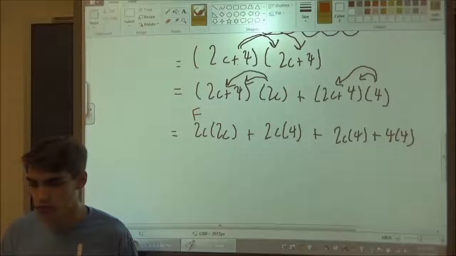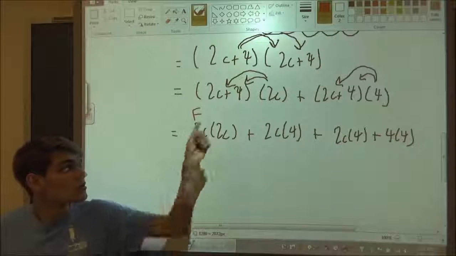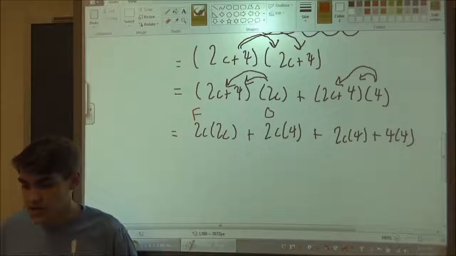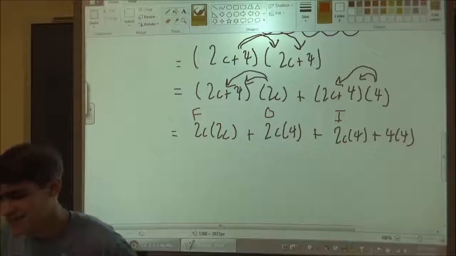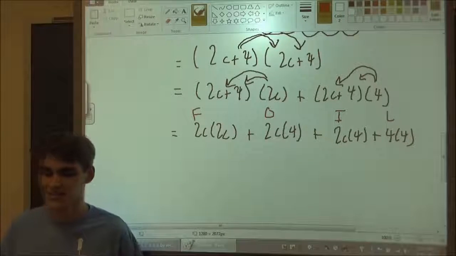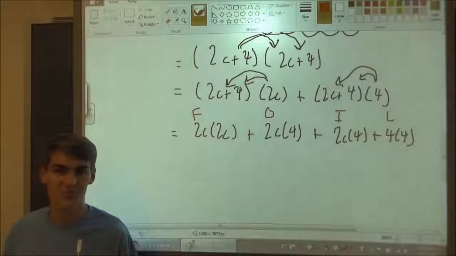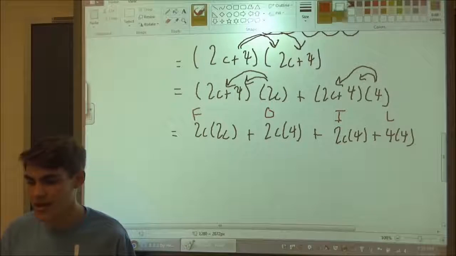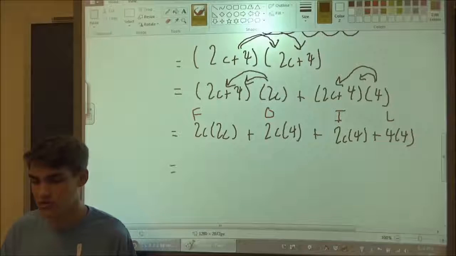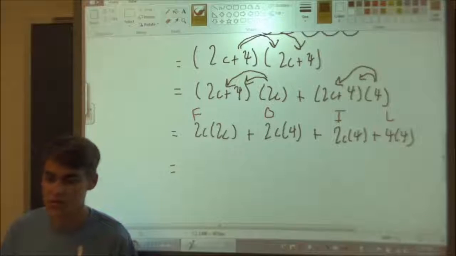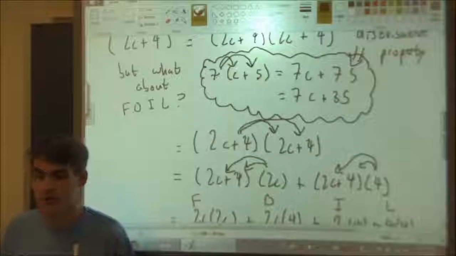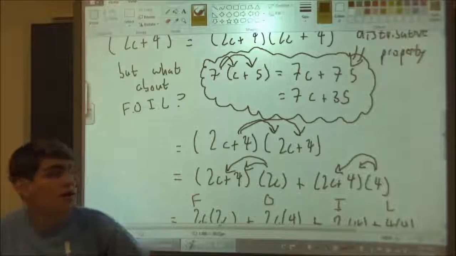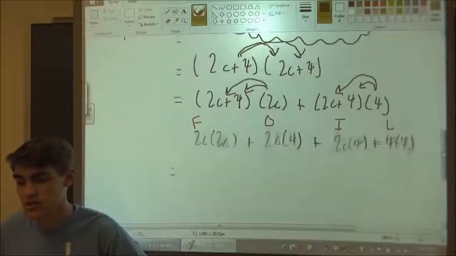We got FOIL: first, outside, inside, last. Foiling is really just distributing twice. So hopefully now you'll never struggle to remember the foiling method because you understand where it's coming from. All of you know the distributive property. All we're doing is using it on binomials.